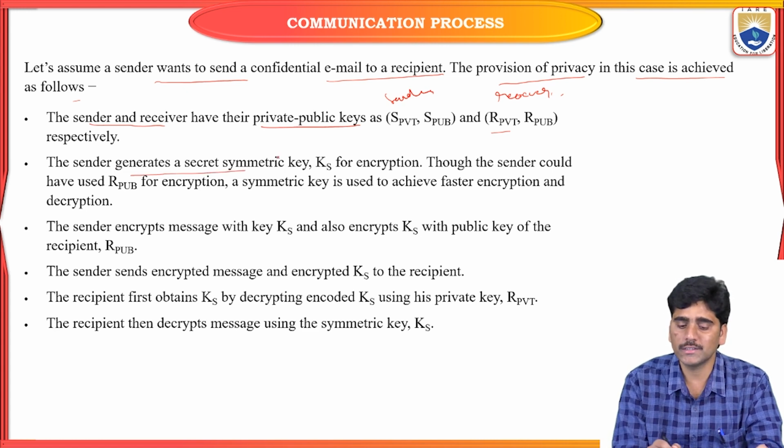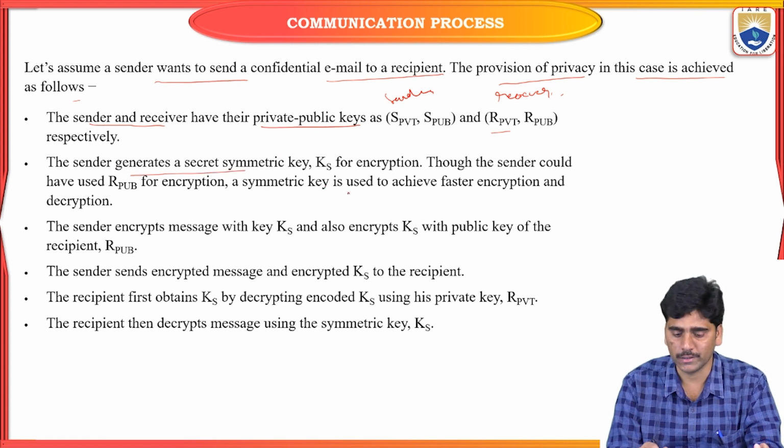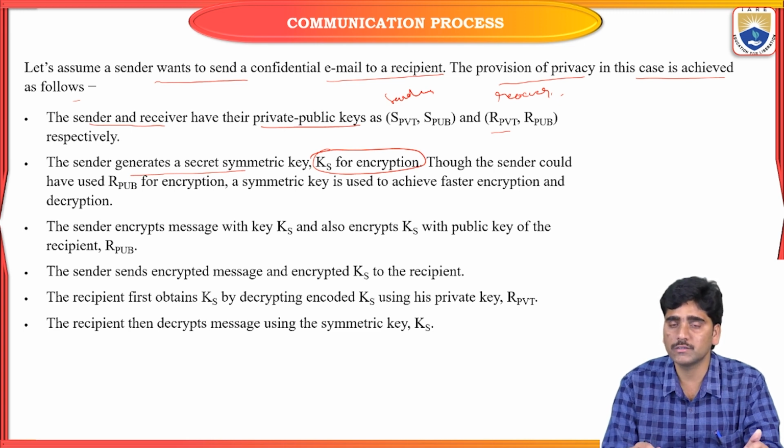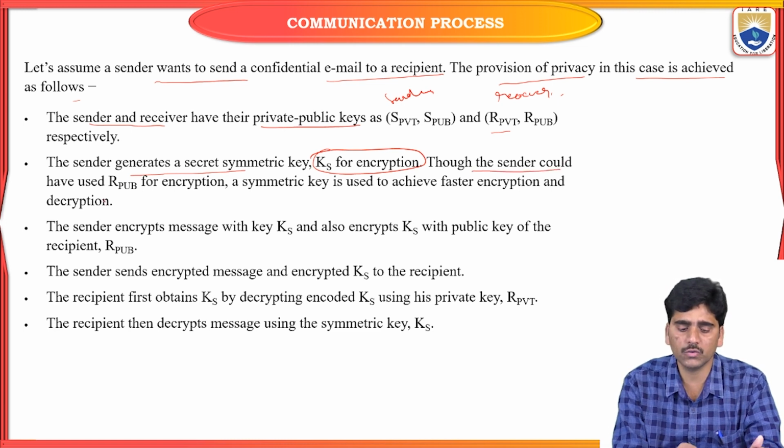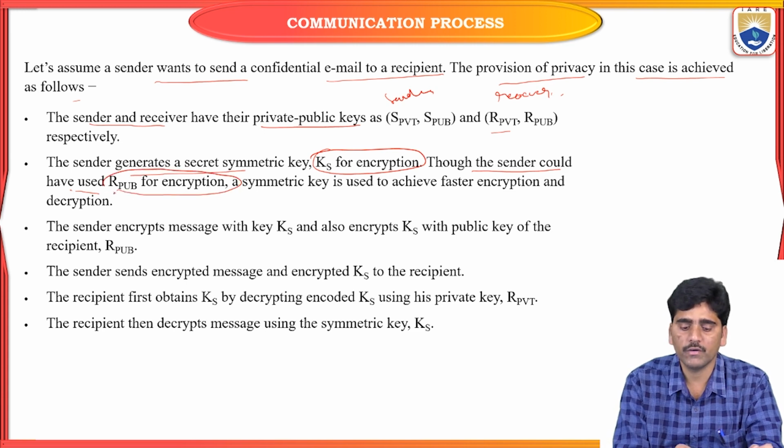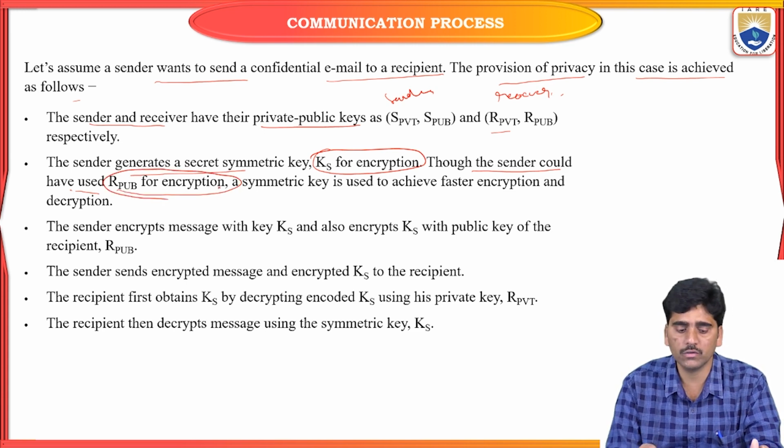The sender generates a secret symmetric key, called KS, for the encryption process. The sender could have used the receiver's public key for encryption.